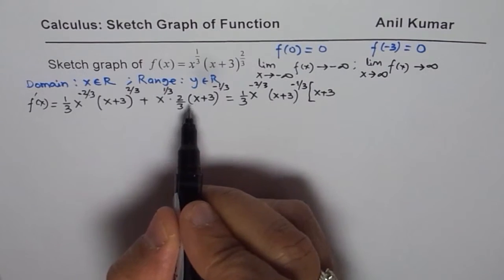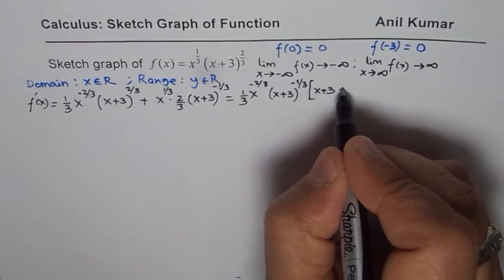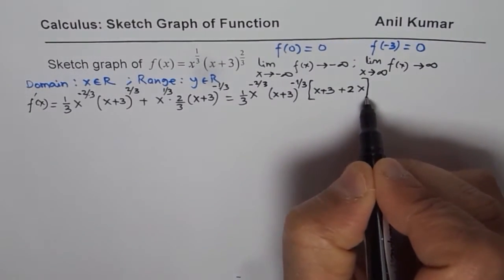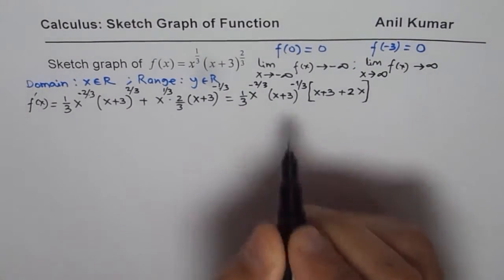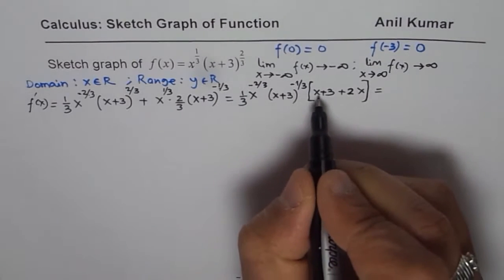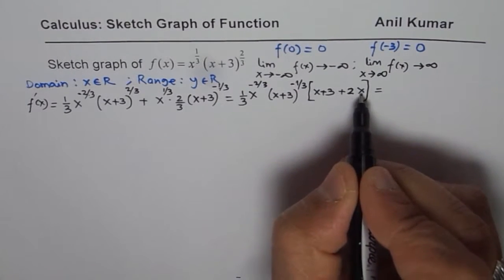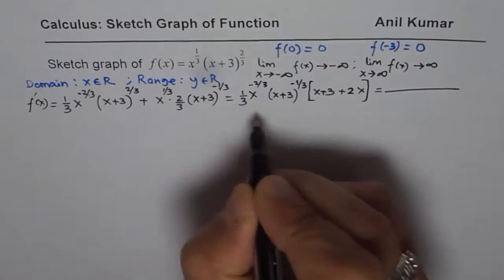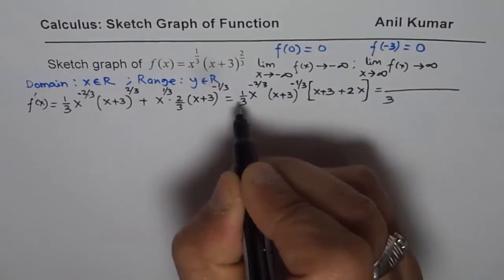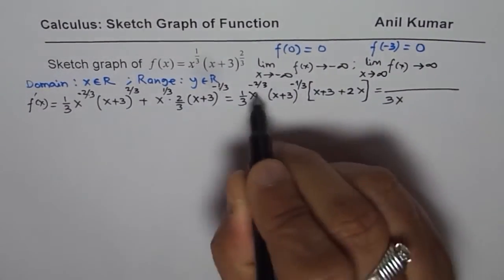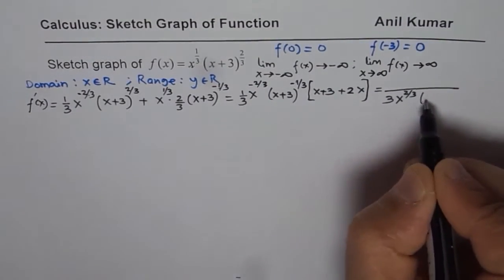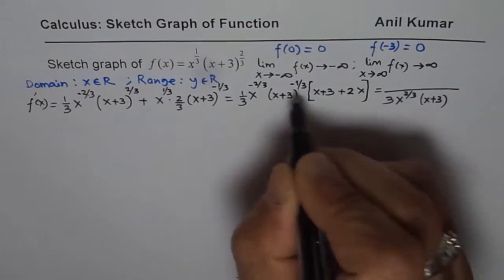And in this place, we have 2 times. We'll write plus 2x here. And we have already taken that term, so we're left with this term. So we can now write this as x plus 2x is 3x and plus 3. We have 3 times x to the power of 2 over 3 and then x plus 3 to the power of 1 over 3.